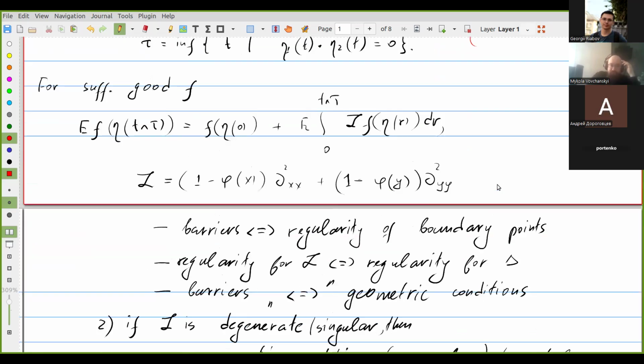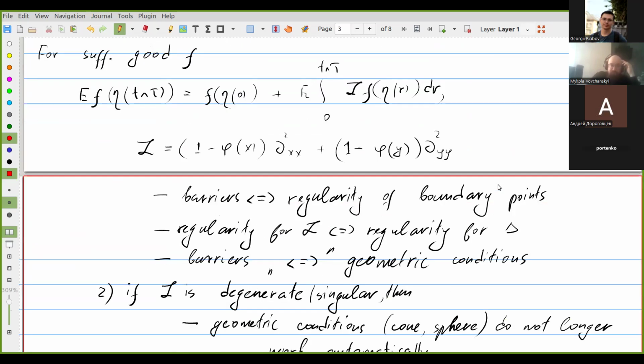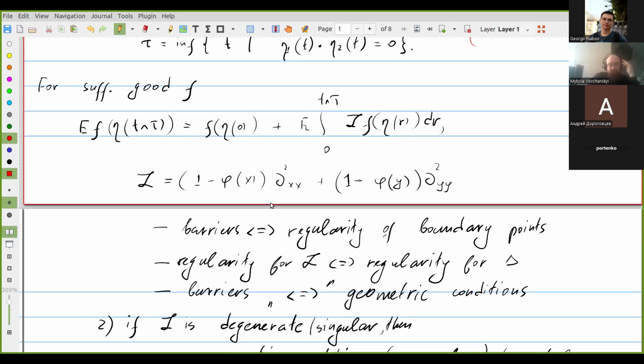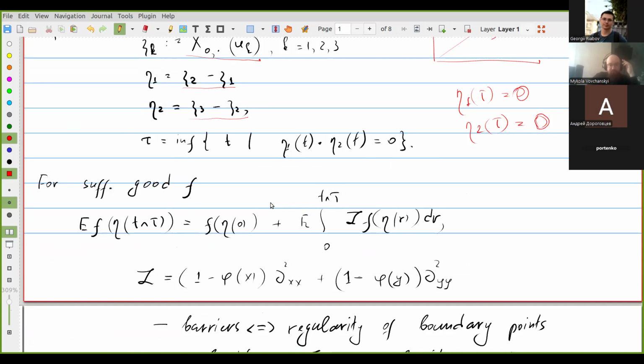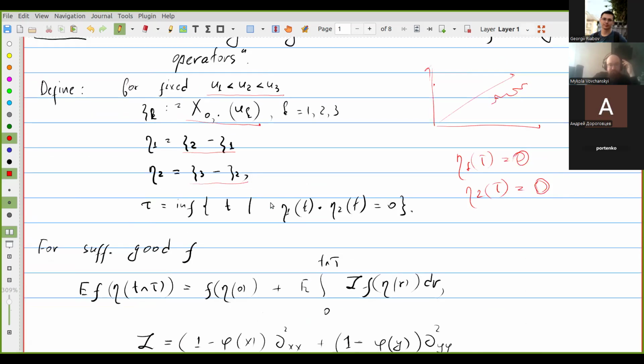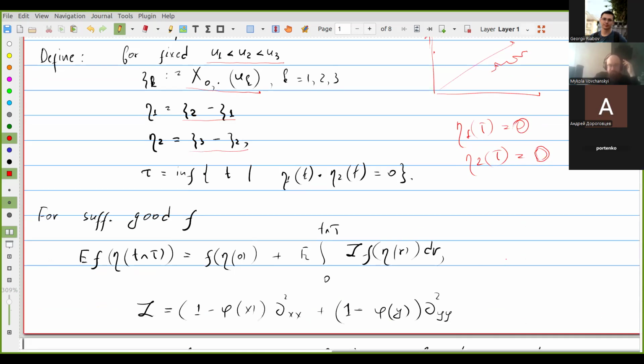Because we start with recalling that, wait, there's another. Should be plus yx plus minus 1 minus x plus y d squared xy.